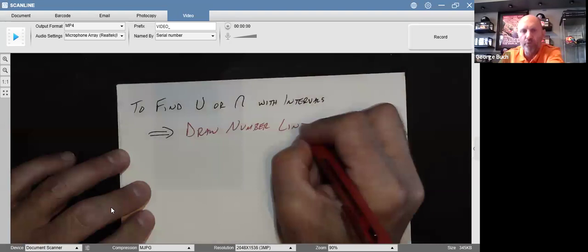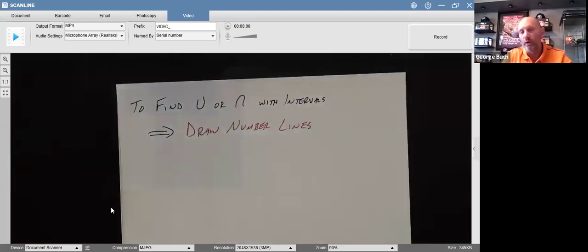So when we draw number lines, then we can actually see where's the overlap or where is the union? What numbers are being covered?